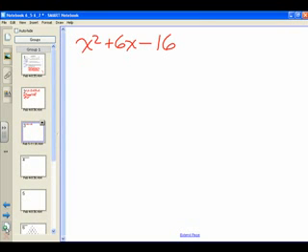Now remember, we said that if we have a trinomial like this, the answer in the end, one's going to be plus, one's going to be minus. But it's very important you get the right value in there.